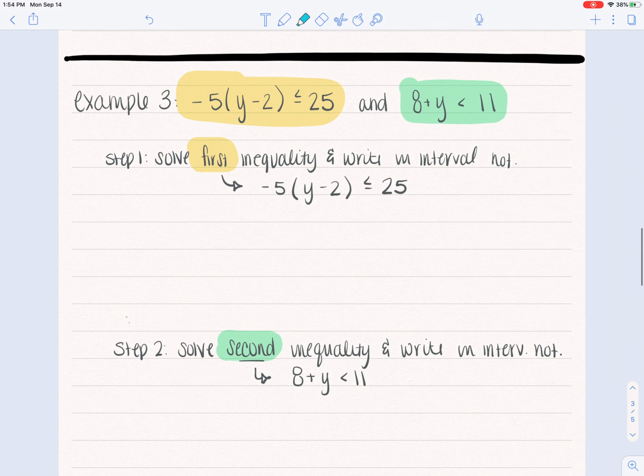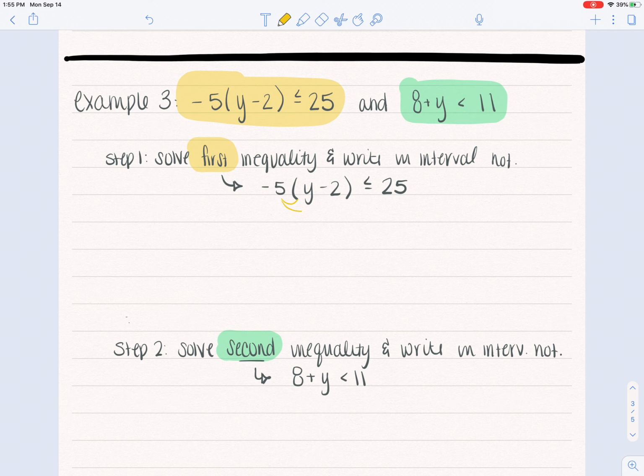Okay, the last one, example 3, the last one on the video. -5 times y minus 2 less than or equal to 25 and 8 plus y less than 11. So first thing it asked me to do, solve the first inequality. And so I'm going to solve this thing. I'm going to distribute the -5.